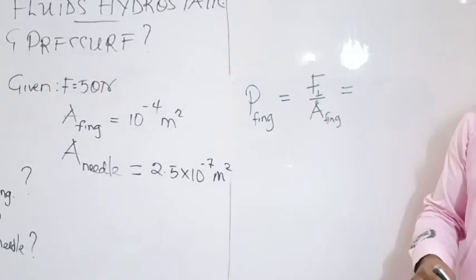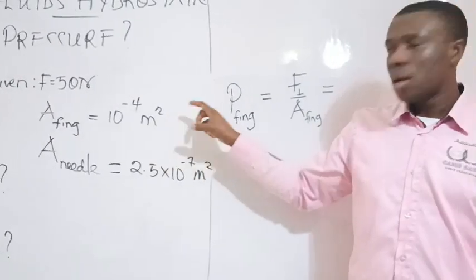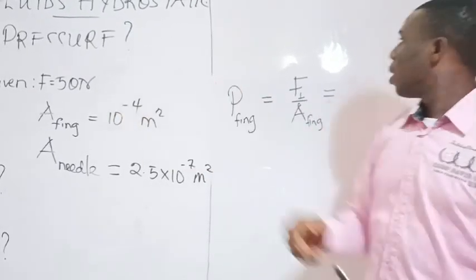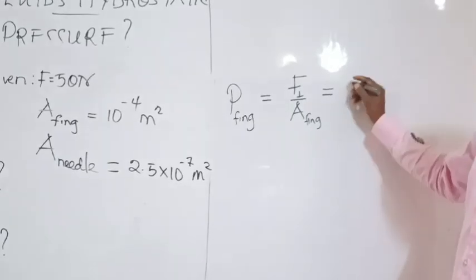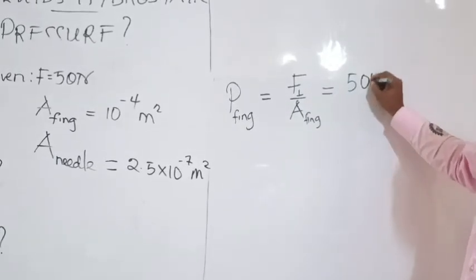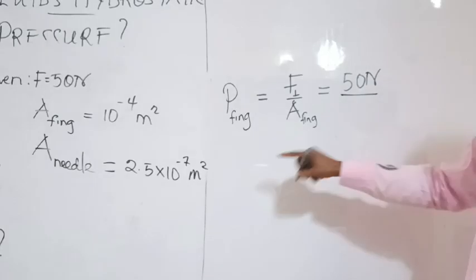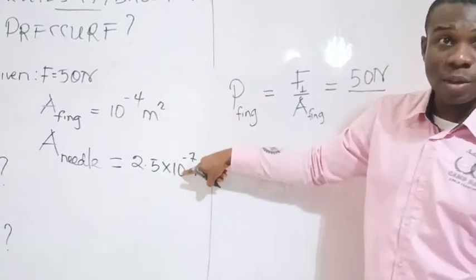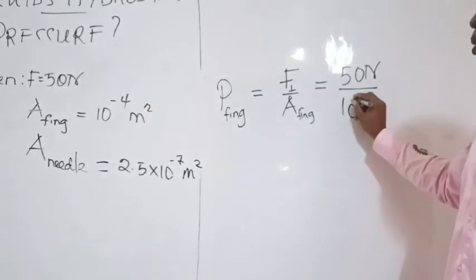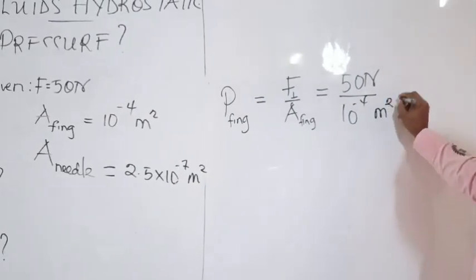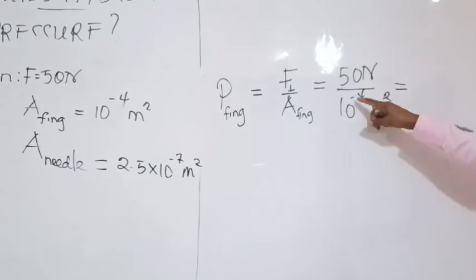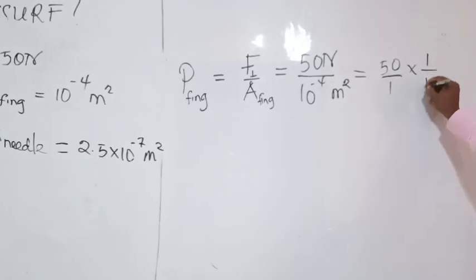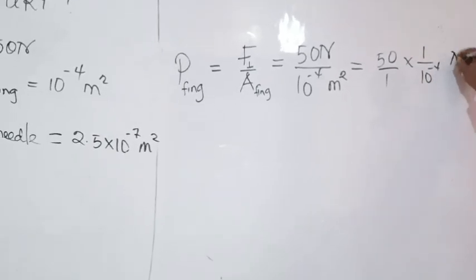If the area hadn't been given in square meter, you'd have to convert it to SI units. The same goes with the force. Alright, so the force is 15 Newton, and the area of my finger given, which is quite bigger than this, if you compare the powers of 10, is 10 raised to power minus 4 square meter. And of course, this boils down to 15 over 1 times 1 over 10 raised to power minus 4 Newton per square meter.